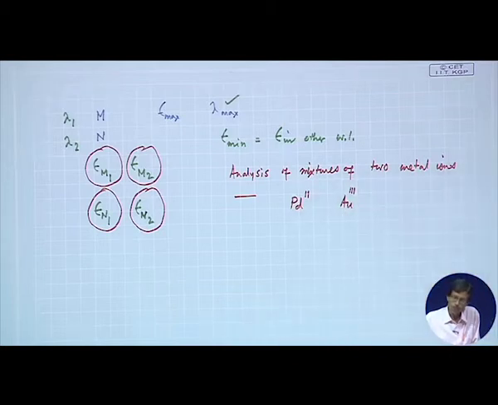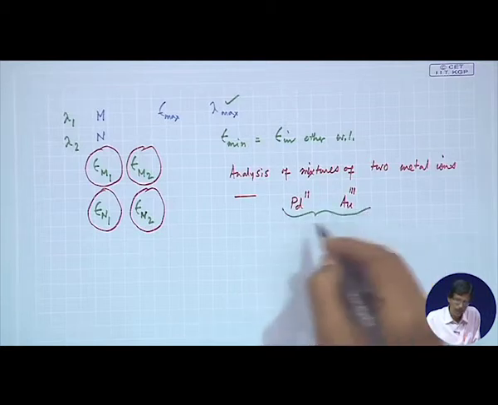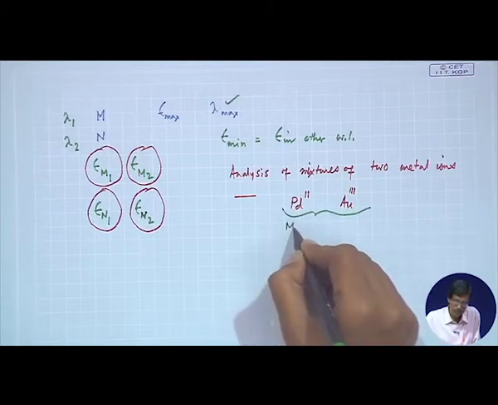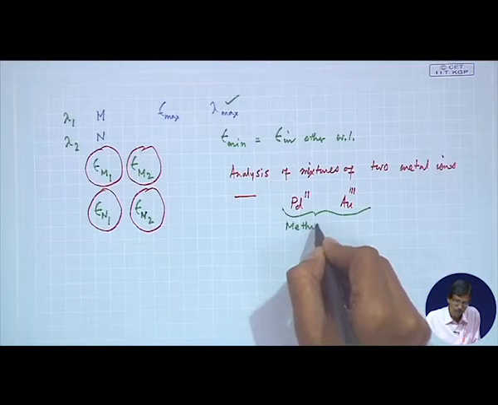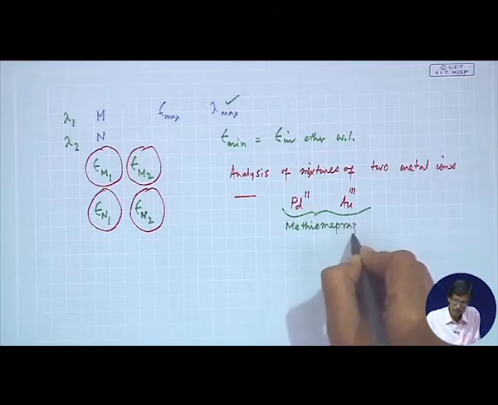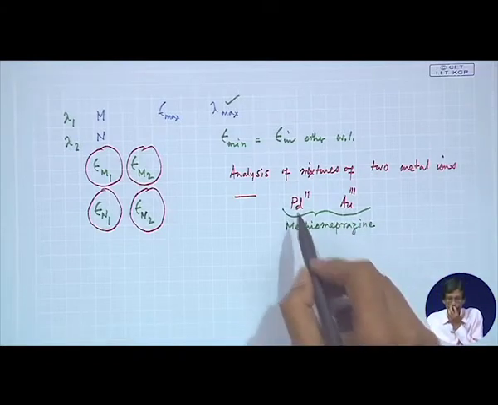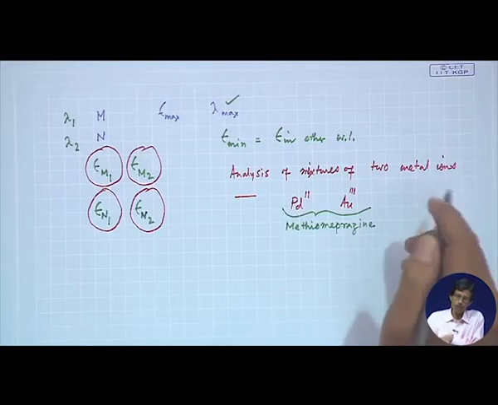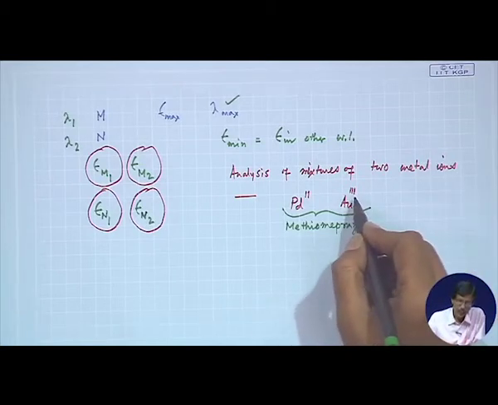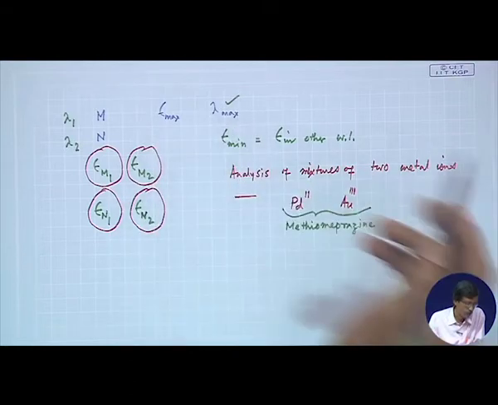So, we have to choose some reagent for that. The name of this organic molecule is methiopmepragine. When methiopmepragine binds separately to palladium 2 and gold 3, they can have their individual lambda max and epsilon max values.